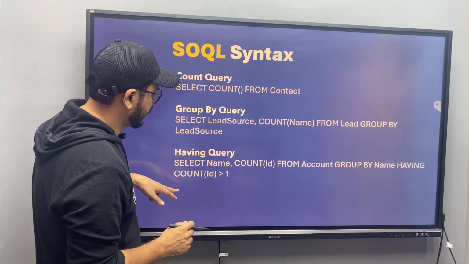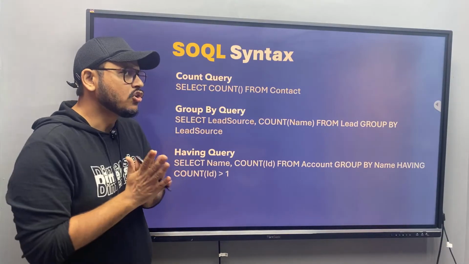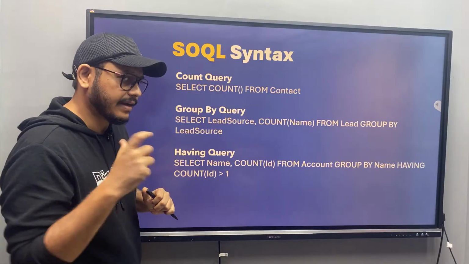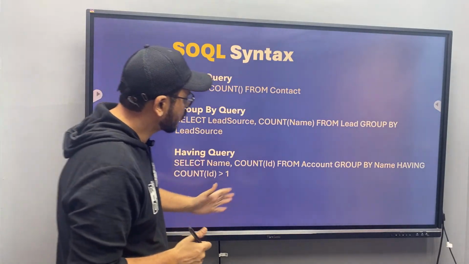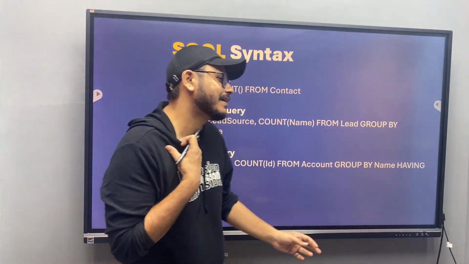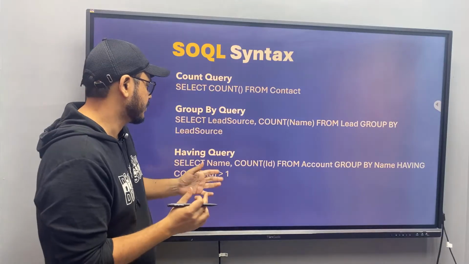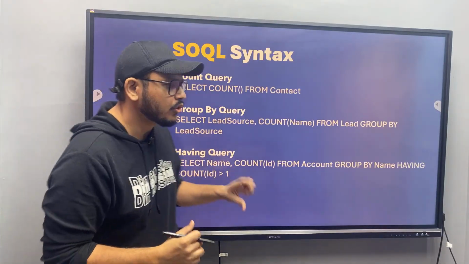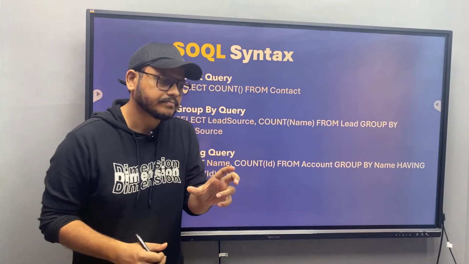Now what is this having query? Having is again a criteria that you're defining, but this criteria is based on an aggregate. Count is an aggregate function which is available. Earlier we discussed the where clause.